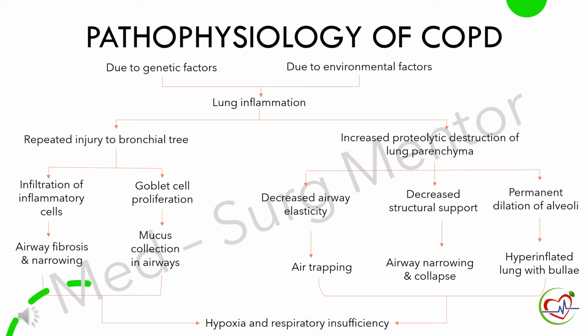At the same time, the mucus gets collected in airway due to the goblet cell proliferation. Simultaneously, due to the lung inflammation, parenchymal destruction occurs due to the imbalance of endogenous proteinases and antiproteinases in the lungs.